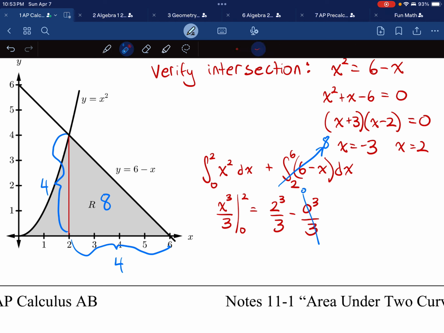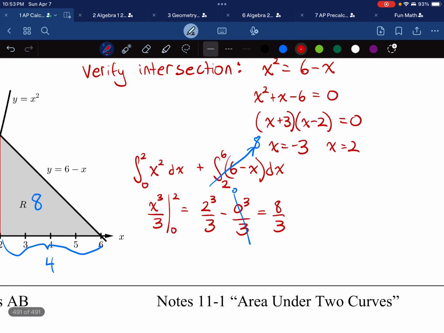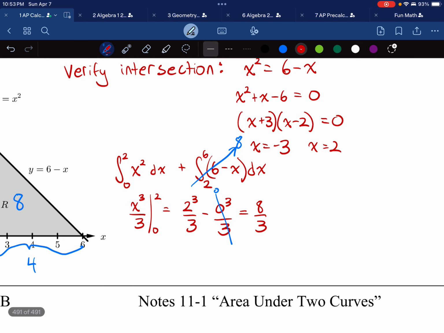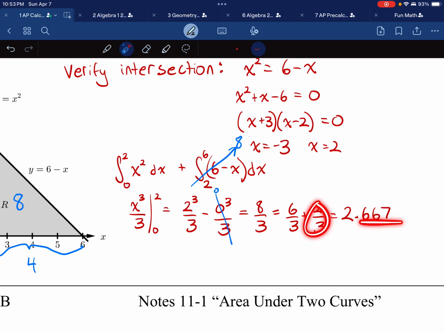Okay, so I really only need to worry about 2 cubed over 3, which is the same thing as 8 over 3. And 8 over 3, do I want to keep it decimals, fractions? Let's just do decimals. I'm just feeling decimals right now. That's the same thing as 6 over 3 plus 2 over 3, which is the same thing as 2.667, rounding to 3 decimal places because I know 2/3 is 0.6 repeating.